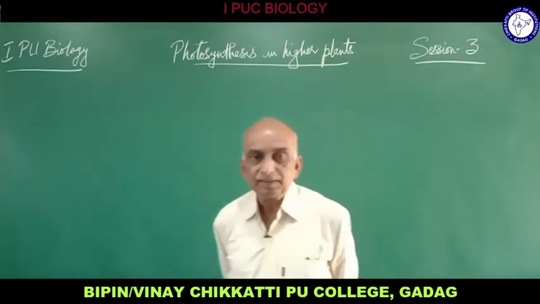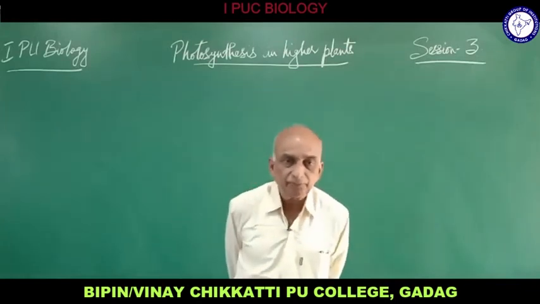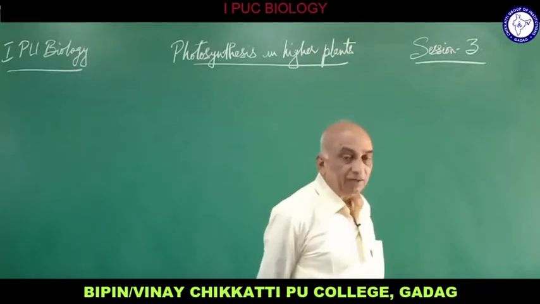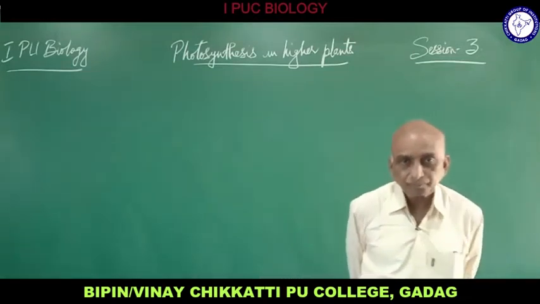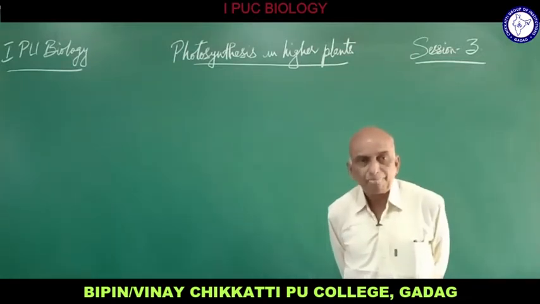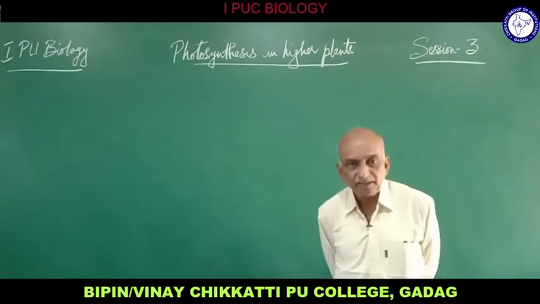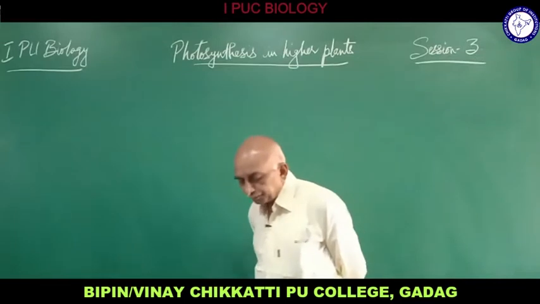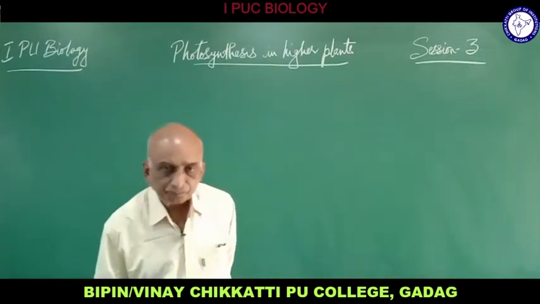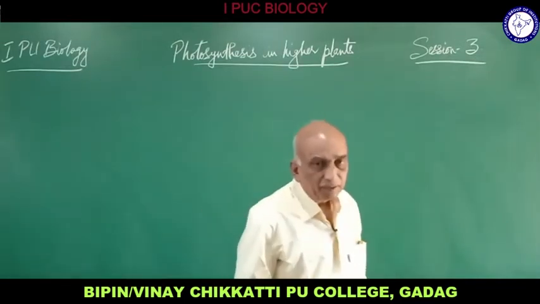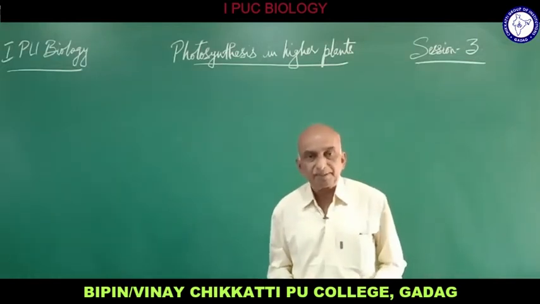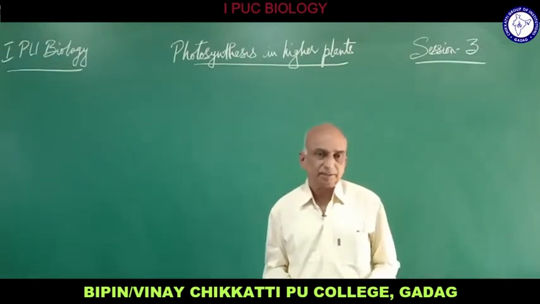That energy is used in the formation of ATP. So inorganic phosphate is added to ADP in the presence of energy to form ATP. We call this phosphorylation. As this occurs in the presence of light, it is photophosphorylation.